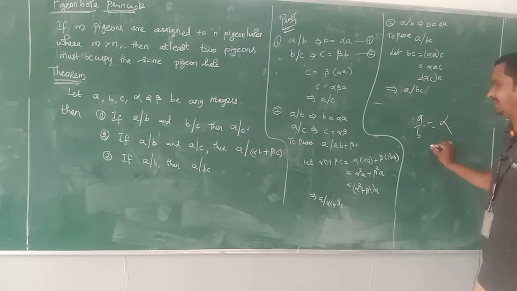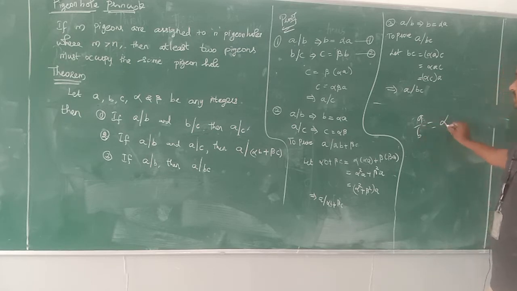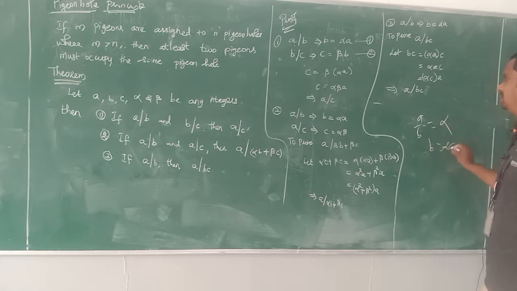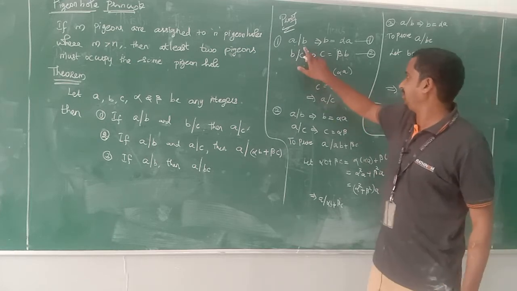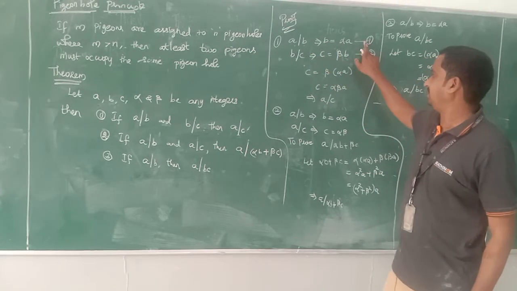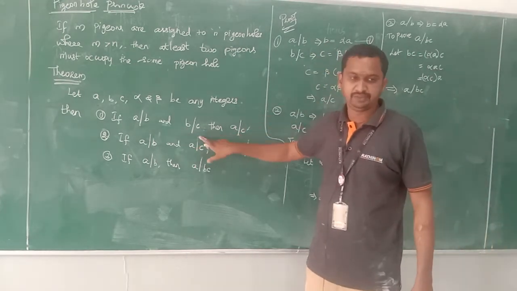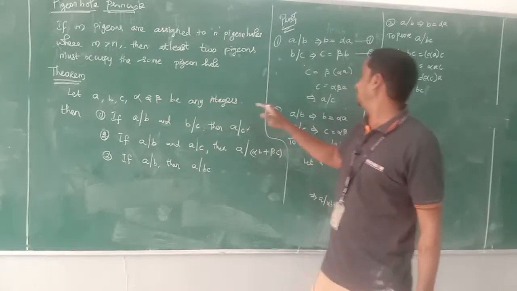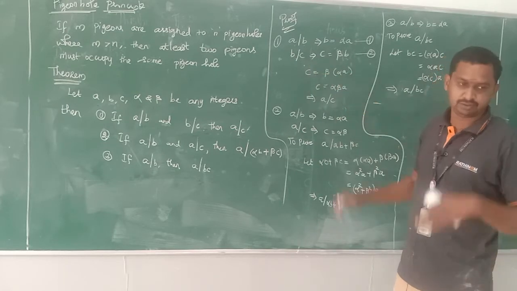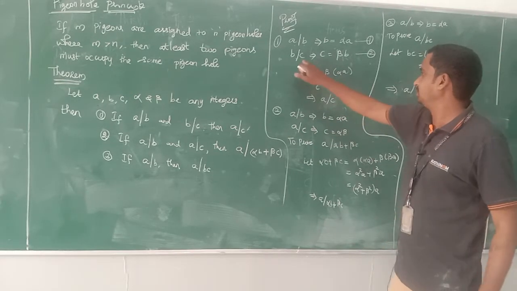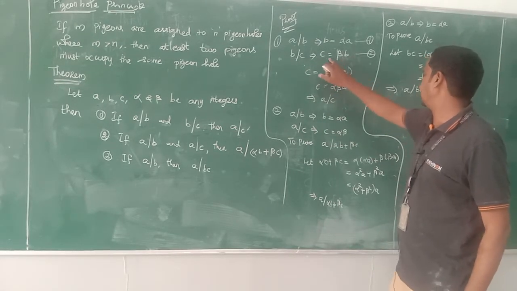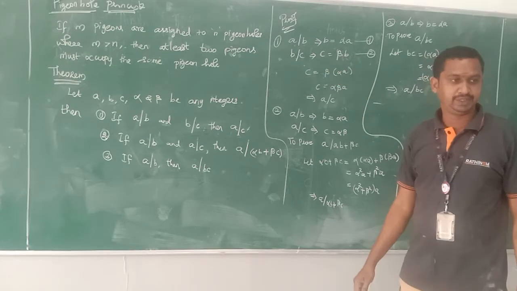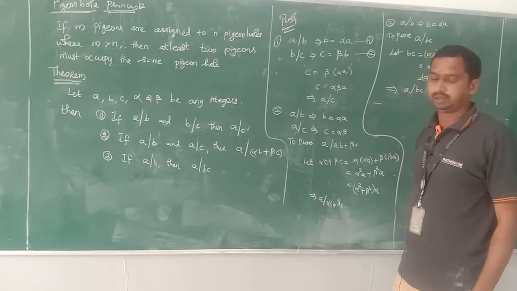So that equation can be written as: a divides b equal to alpha, therefore b equals alpha a. So a divides b can be written as b equals alpha a. Similarly the second one, b divides c, also some positive integer. So b divides c can be written, by assumption, as c equals b into beta. So that is equation number 1, equation number 2.